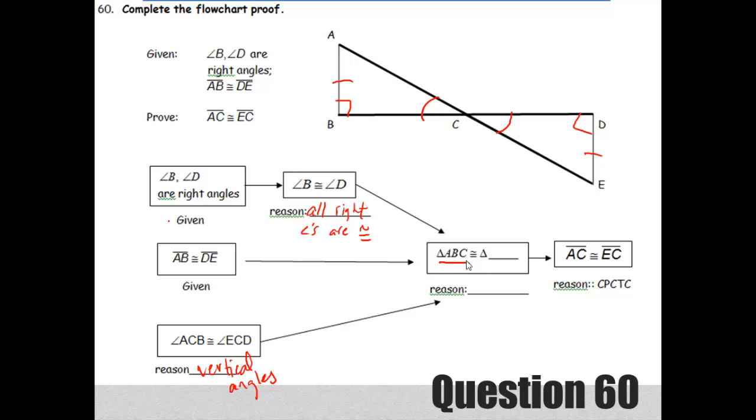So ABC would be congruent to, well, A matches up with E, B and D, and C and C. So E, D, C. And let's see, we have a side, angle, angle. So we'll call it AAS. And guess what? We're totally done.